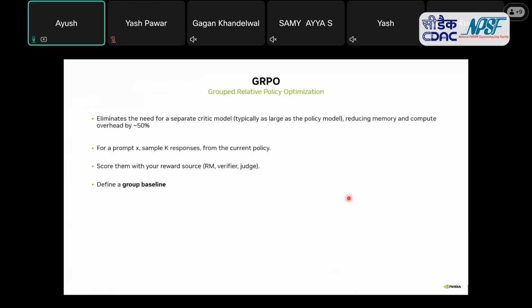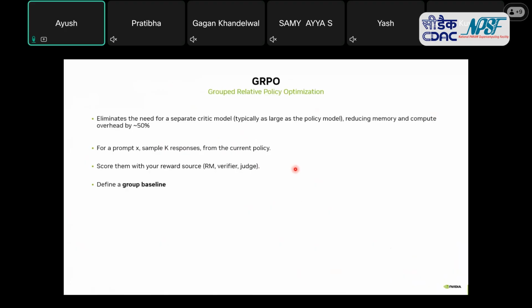As I mentioned, there are different ways to calculate the advantage. After PPO, proximal policy optimization, there is also group relative policy optimization, GRPO, which was used in the DeepSeek kind of model. In this case, you again sample K answers, score them, and give each answer a relative advantage by subtracting a group baseline.